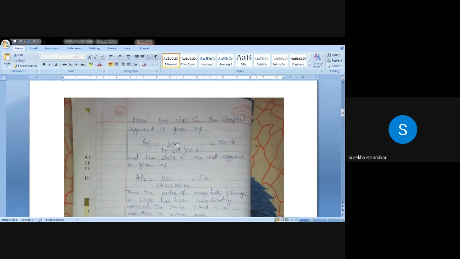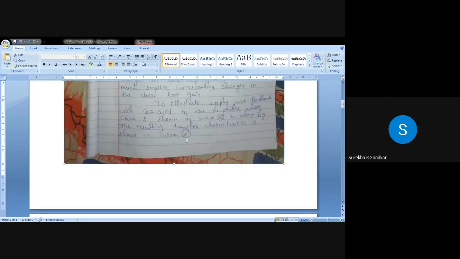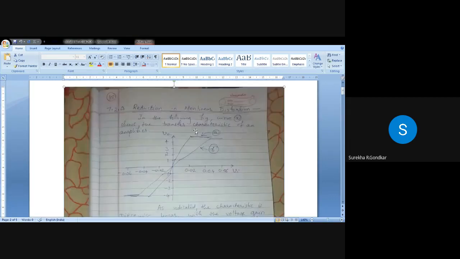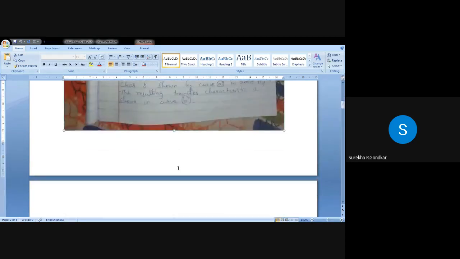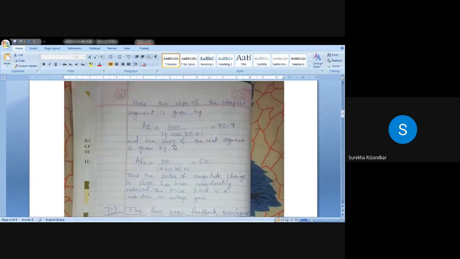So I am substituting for A, that is 1000, for the first segment, where the slope is steepest. So for this segment, it is calculated here.